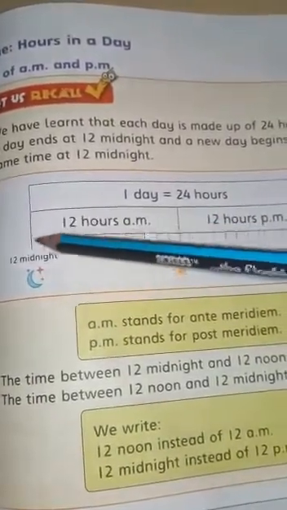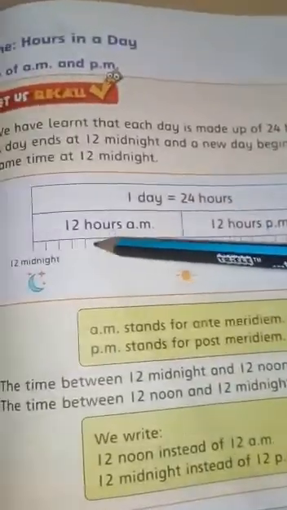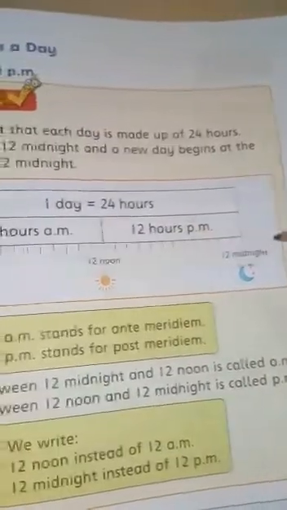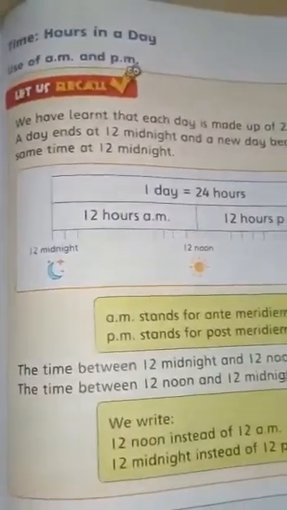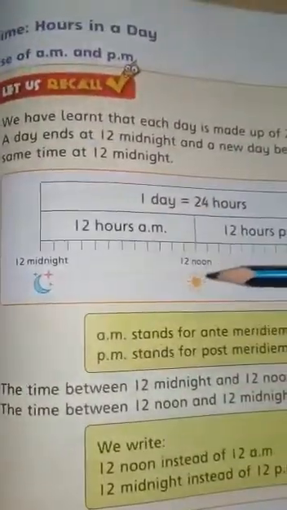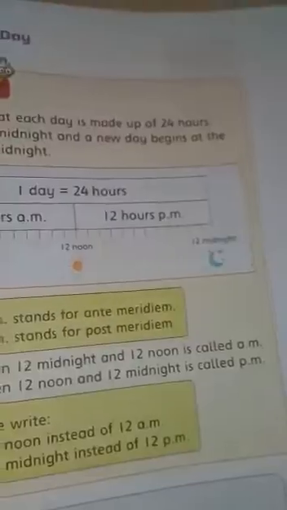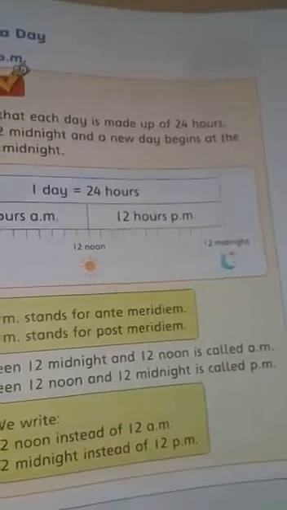The time between 12 midnight and 12 noon is called am, and the time between 12 noon and 12 midnight is called pm. Before 12 noon the time is am, and after noon until midnight the time is pm.